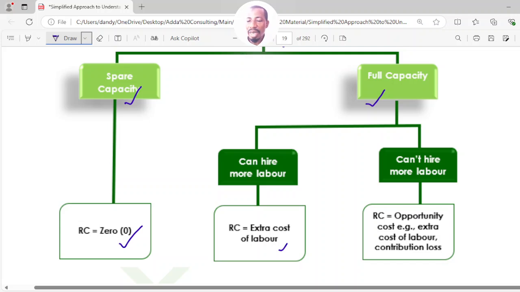Then where the company cannot hire more labor, it can divert resources to execute the order. As a result, there may be contribution loss, because there will be low productivity once you are diverting resources. All right, so these are the ways in which you can determine the relevant cost of labor.